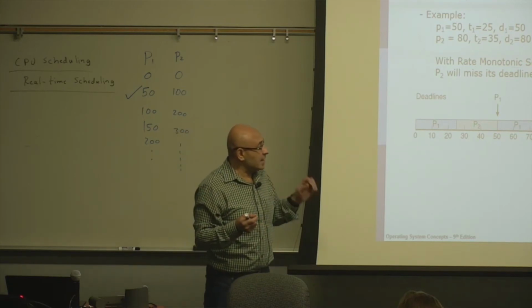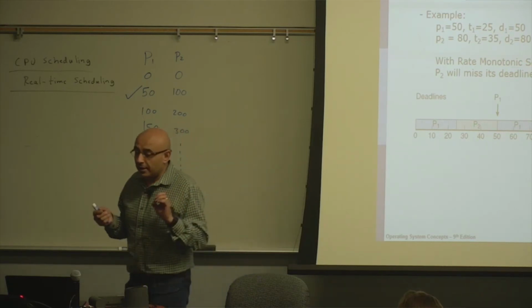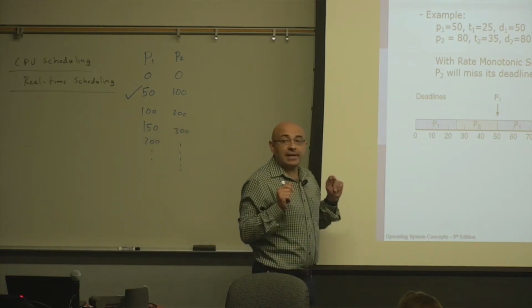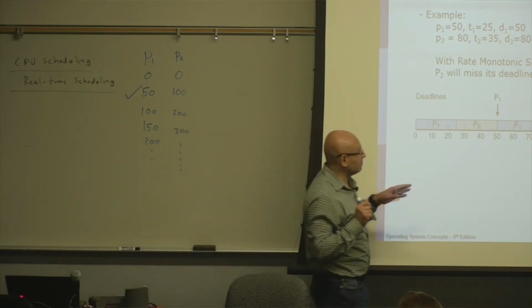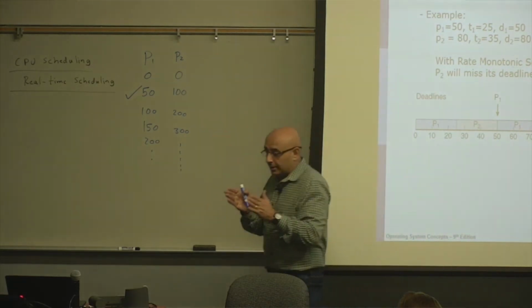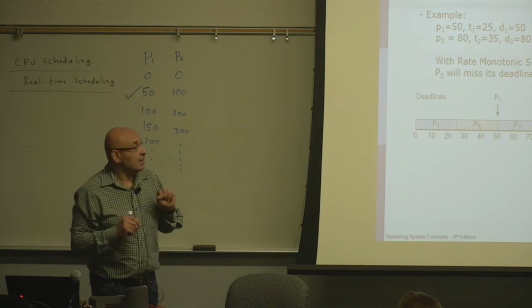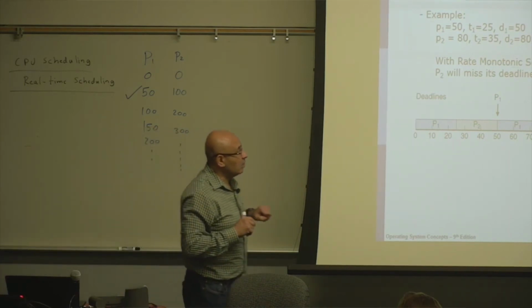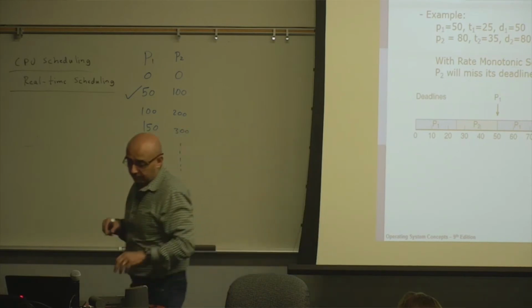So the next algorithm, which is called earliest deadline first, is going to look at the deadline, calculate the deadline whenever it needs to make a decision. It will calculate the deadlines and will give the CPU to the process with the soonest or closest deadline.